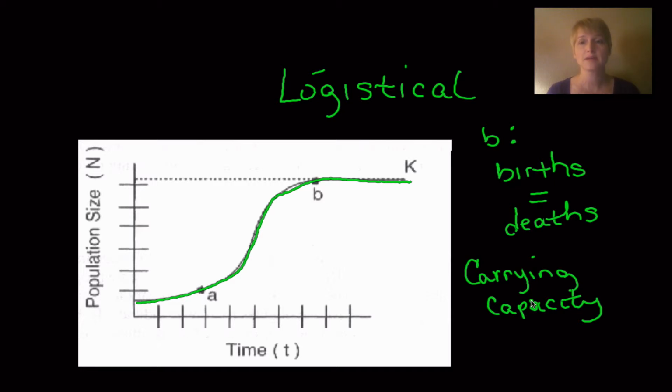It might be the amount of water that's available. It might be the amount of mates that are available. It could even be a combination of all of these things, but something there has made the population reach carrying capacity. That is all that the environment can support. There can't be any more in the area.